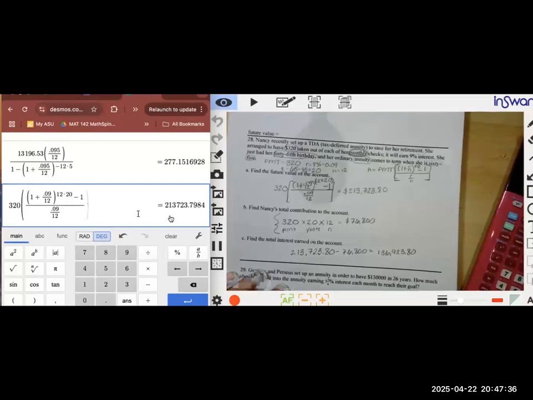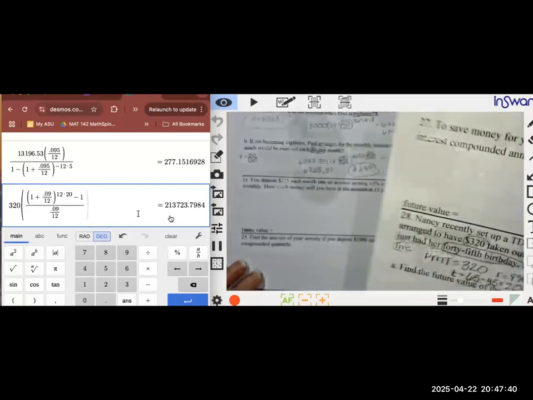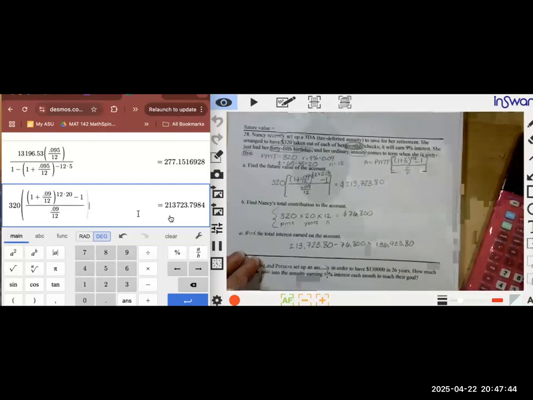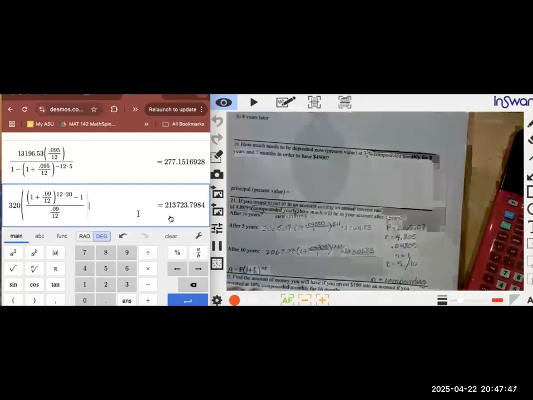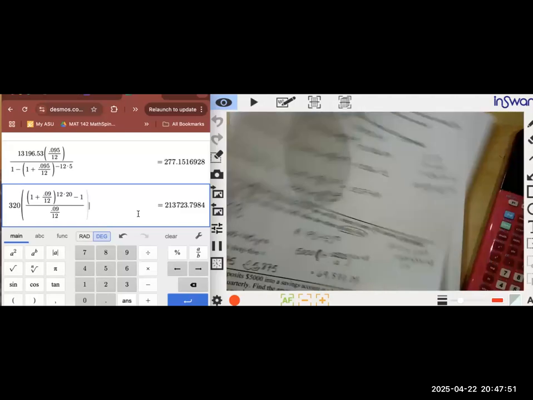All right, do you guys have a Desmos calculator open right now? I do. Yes. So do you guys want to practice one? Those of you who are newer to this and not as comfortable with it.